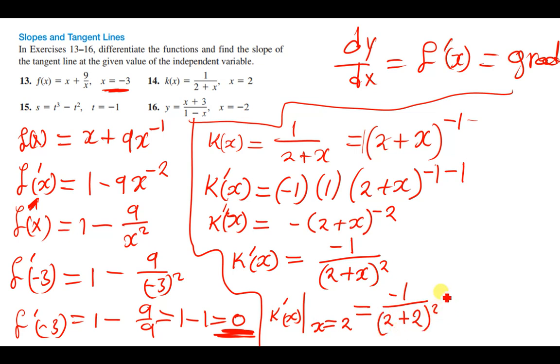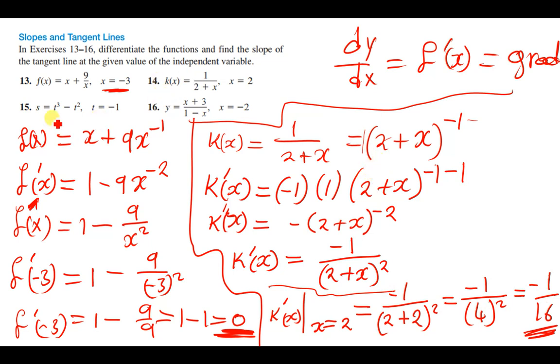So this will be equal to negative 1 over 2 plus 2, that will be 4, then 4 squared, the answer will be 16, so we have negative 1 over 16 as the answer. Okay, so this is the expression for the gradient function, and this is the solution for the slope. So this is the slope.